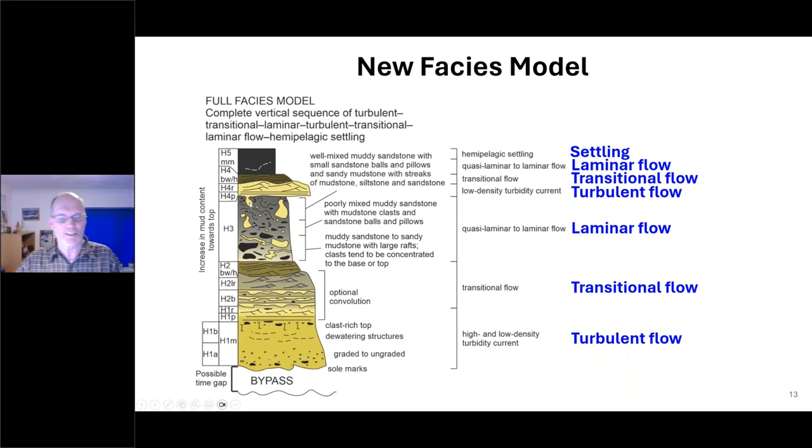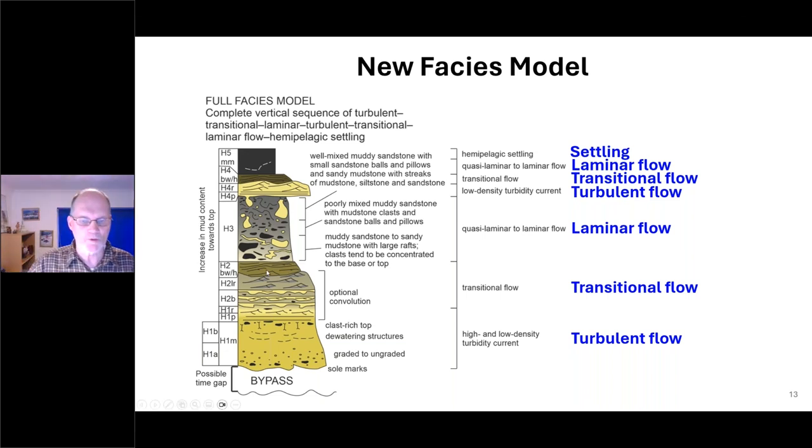And shown on this slide is the full facies model, which includes H1, which includes not only massive sand, but also plane parallel laminated and ripple cross laminated sand formed by high density and low density turbidity currents at the front of the flow.